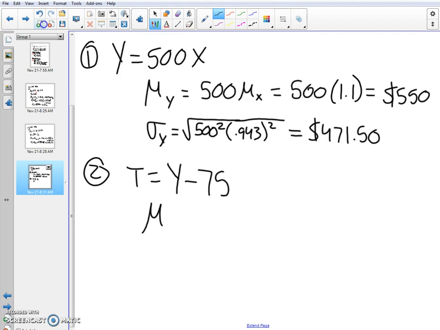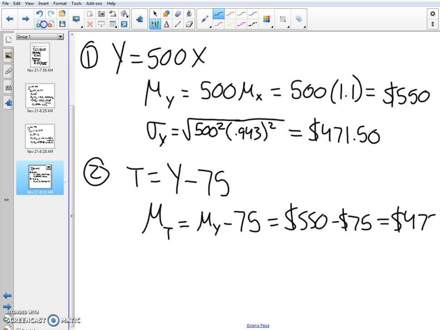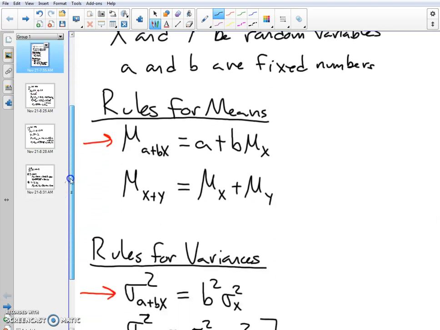So when I do the mean of T, this is going to be just the mean of Y minus $75. So 550 minus 75, so just 475.